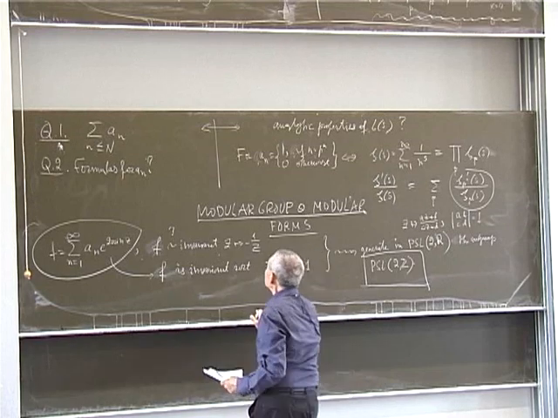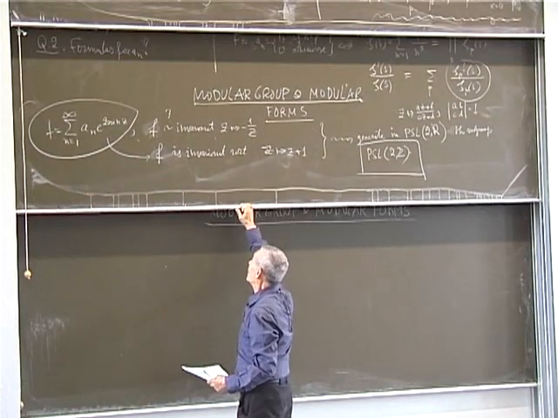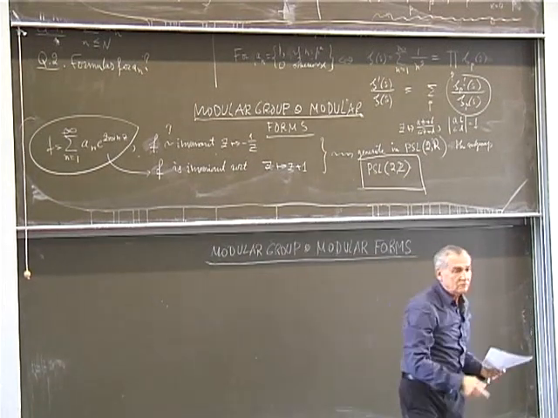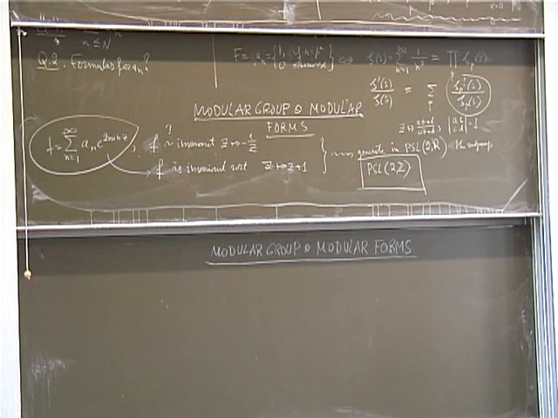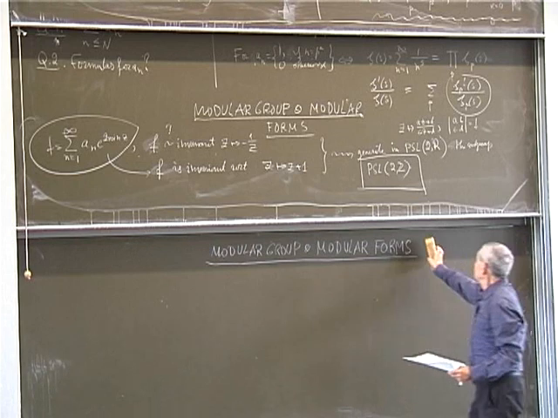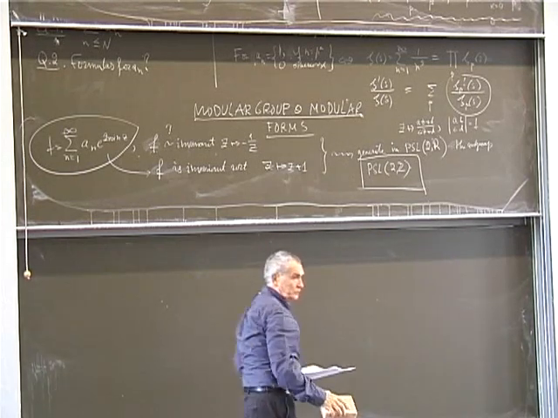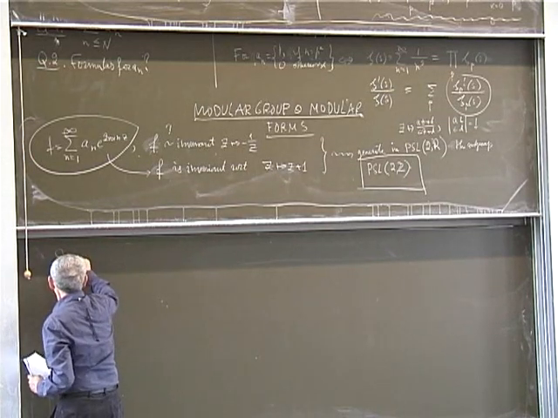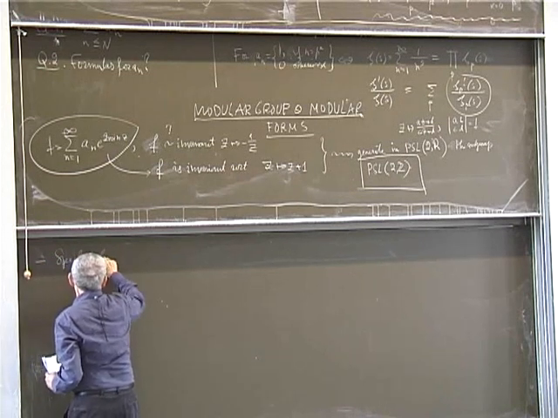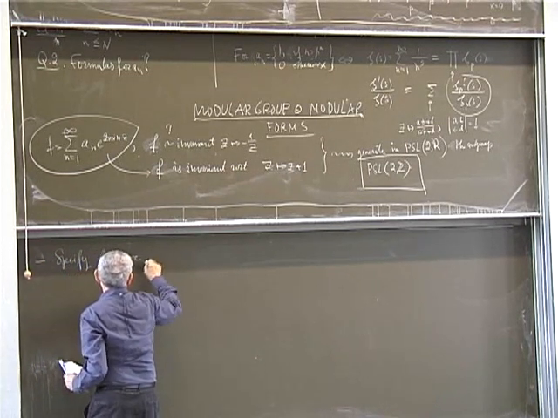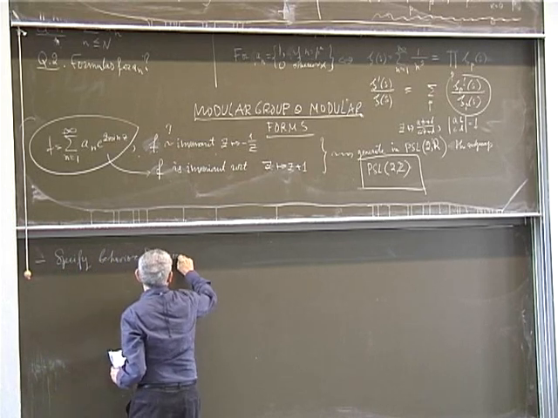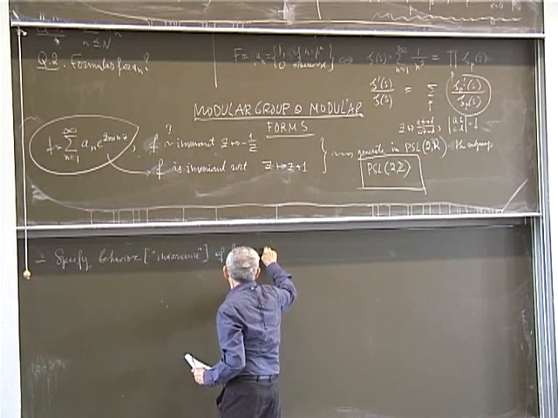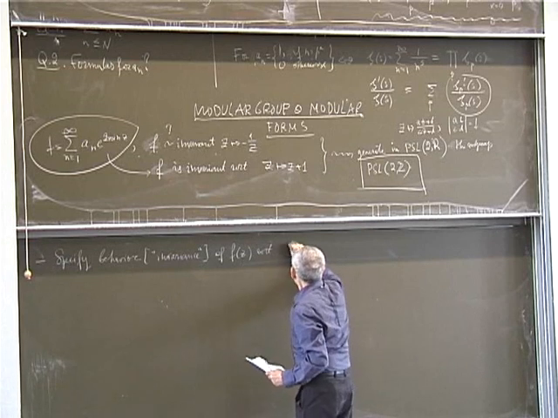And so what remains to do is to specify behaviors of what I called invariance or almost invariance of f of z with respect to PSL2Z.